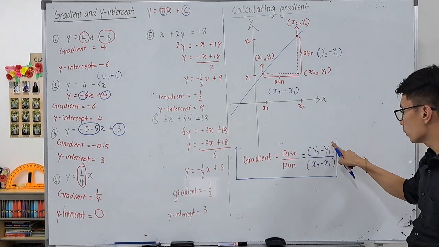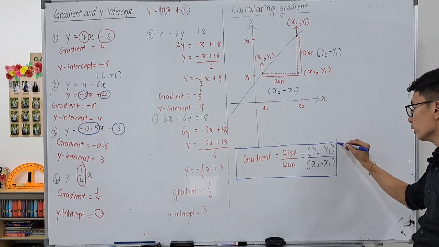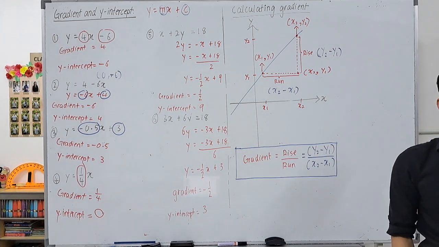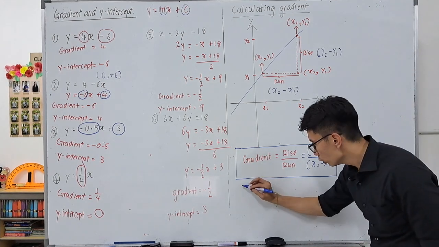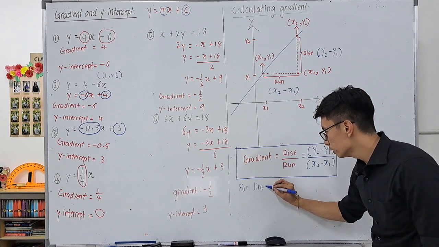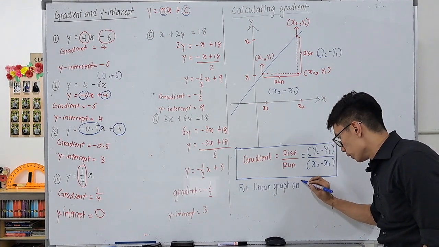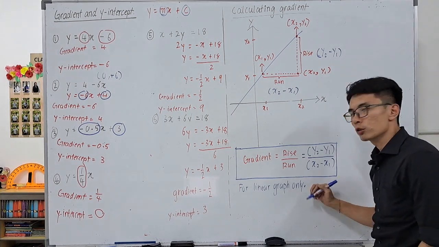Always remember that this formula is only applicable for a straight line graph, for a linear graph only. I'm going to put a note here because it's so important: for linear graph only.